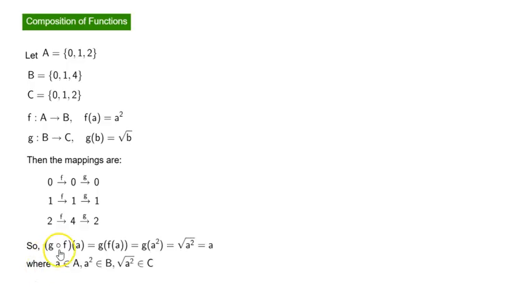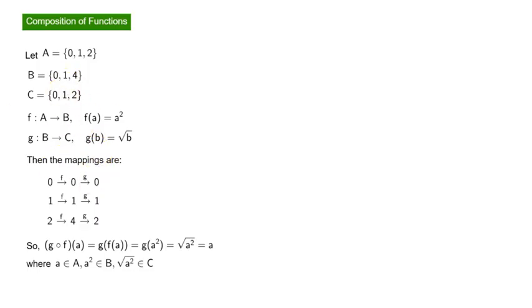So g of f of a is equal to g of, now f of a will give us what? a square. So g of a square. Now g will do what? It will take the square root of a square, which gives us a. So where a is in the set A, a square is in the set B, and square root of a square is in set C.